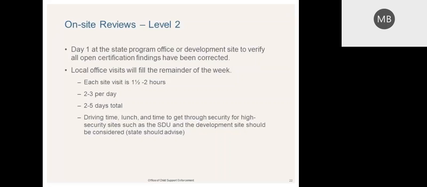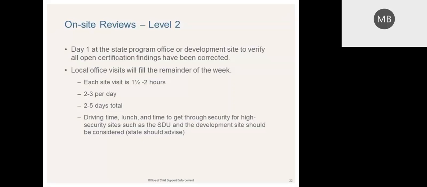To begin the Level 2 review, we normally meet at the state program office or development site to verify all certification findings have been resolved and close the findings. Local office visits will fill the remainder of the week. Each site visit will last between 1 to 2 hours, and OCSE will visit 2 to 3 sites per day.